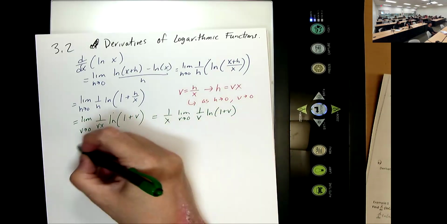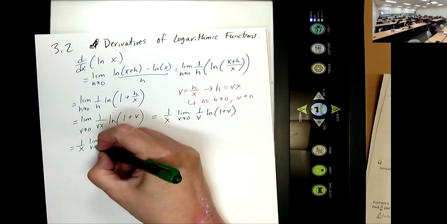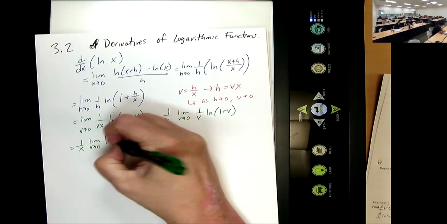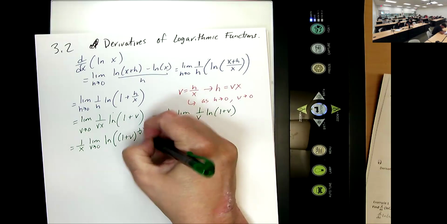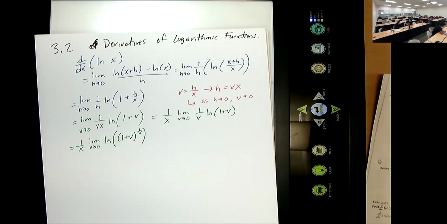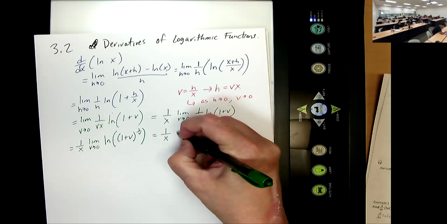Then we're going to take that 1/v and treat it as an exponent on what's inside. We're taking advantage of natural log properties: a coefficient on a natural log can be an exponent of the inside. And now we're going to move the limit inside the natural log.